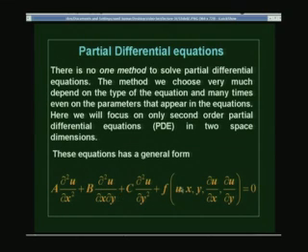In fact, the specific examples we will be looking at will be only equations that are linear in u, for different values of A, B and C and f. So we saw in the last class that with this general form for the partial differential equations, where u is a function of both x and y, we can classify this into three different categories depending upon the values of these coefficients.